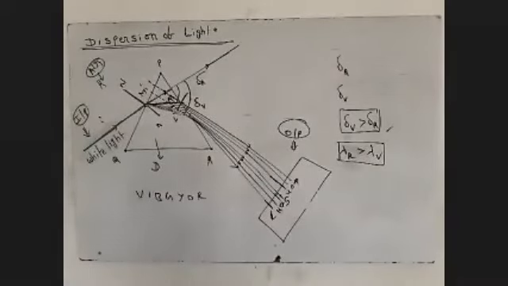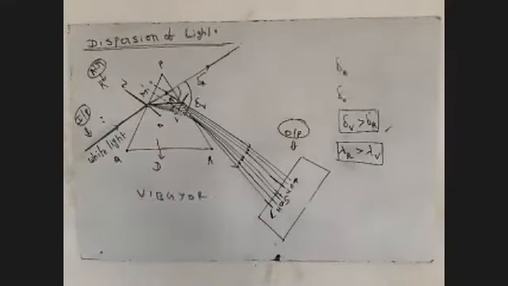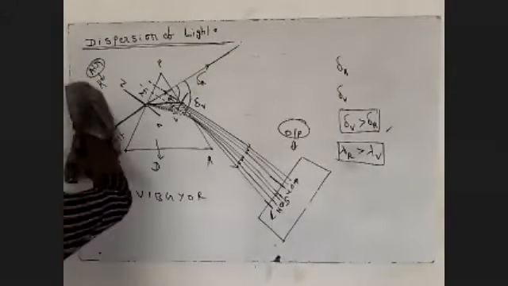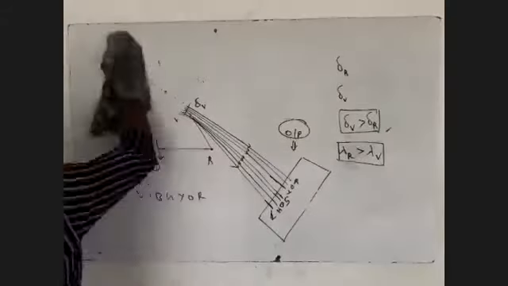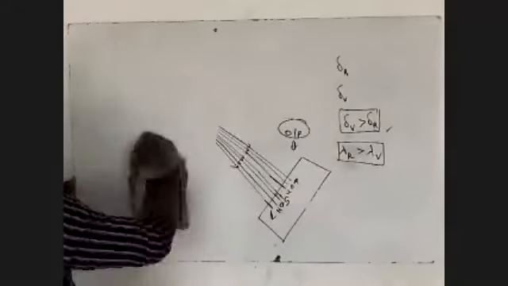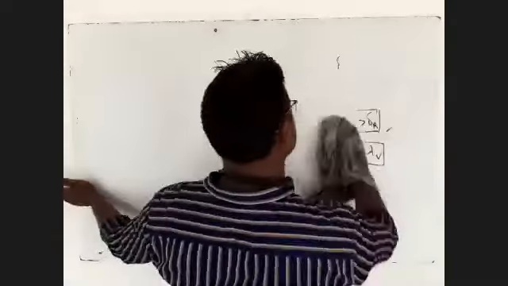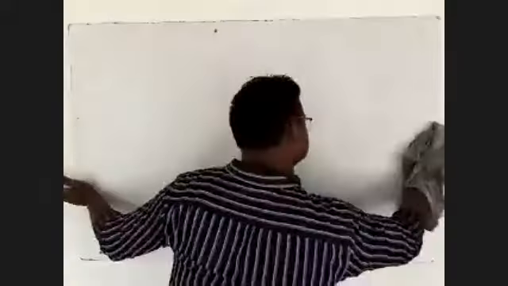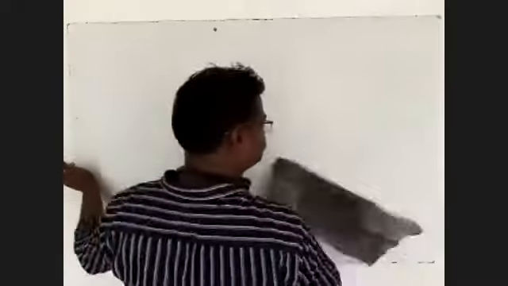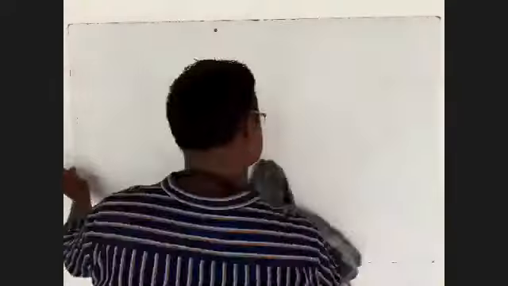So this is dispersion of light. Okay. Next concept: rainbow. Now I'm going to explain rainbow.